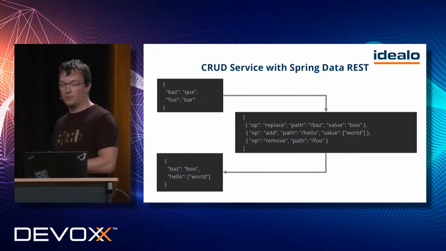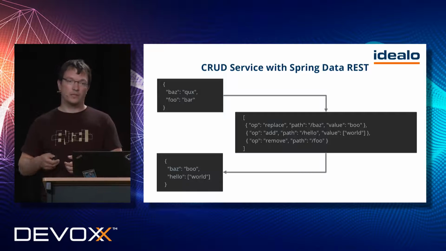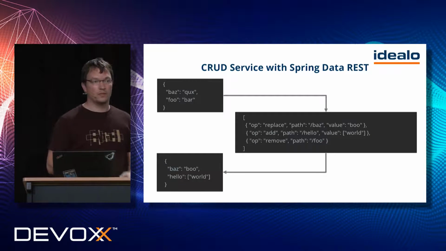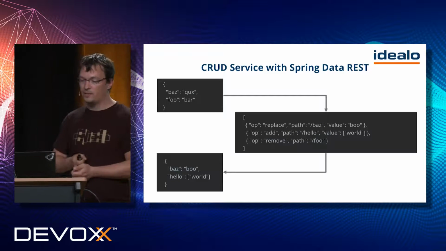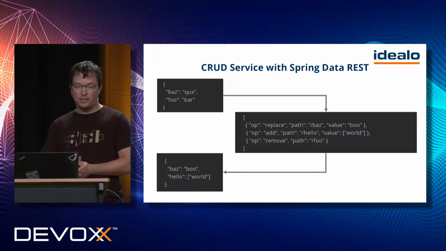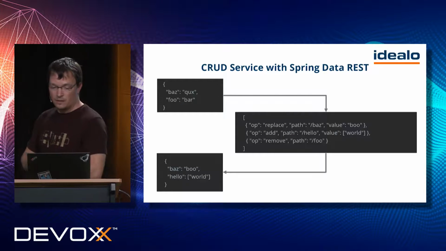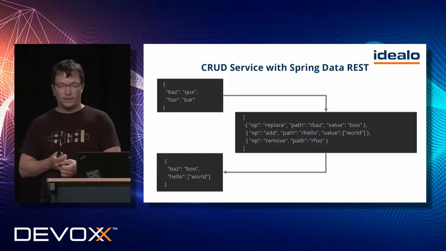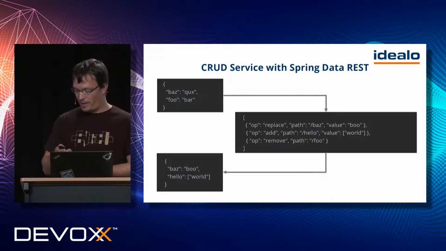And for replace and add, you can add values there. You can also add arrays or JSON objects, so it's not only strings you can replace or add. And at the end, the server applies the patch, and we hopefully get the object on the lower side back on the server.